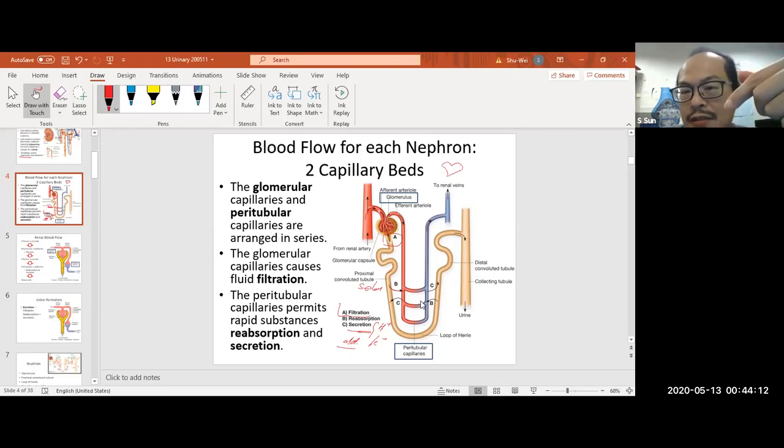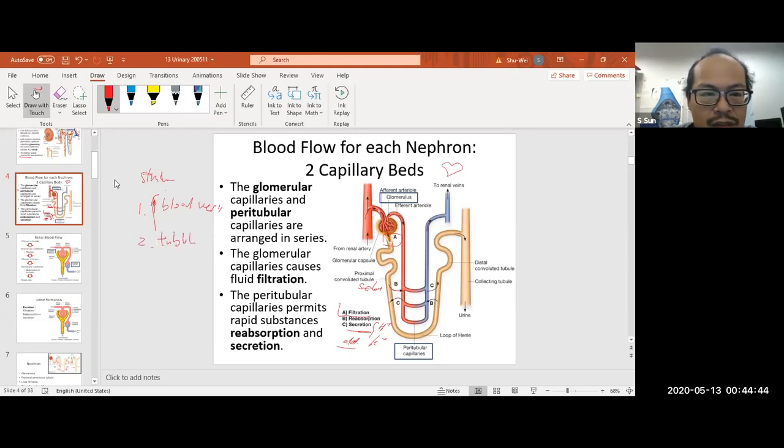One is the blood vessel, and the other one is the nephron. First we will learn the structure, so it's very much like anatomy. The structure we need to learn first is the blood vessel structure, and then we will learn about the tubule structure.